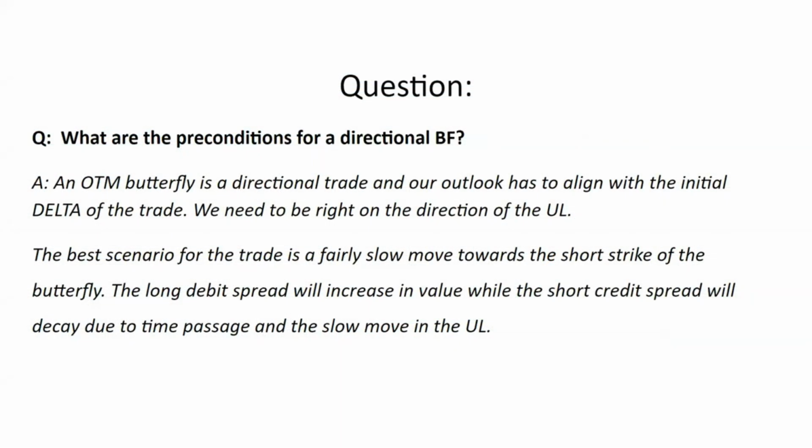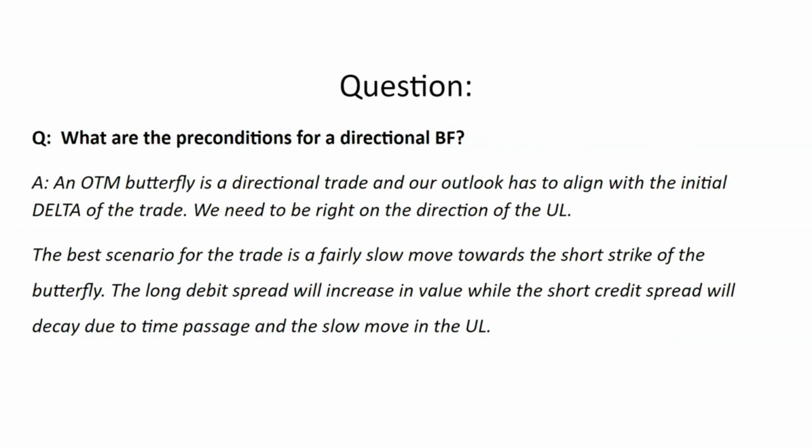So the next question is, what are the preconditions for a directional butterfly? And again, I don't think that there's any specific entry signal for a directional butterfly other than our own outlook for the price of the underlying. I know that a lot of traders like to overcomplicate things, or they try to build in some sort of signal that will tell them when to enter the trade.